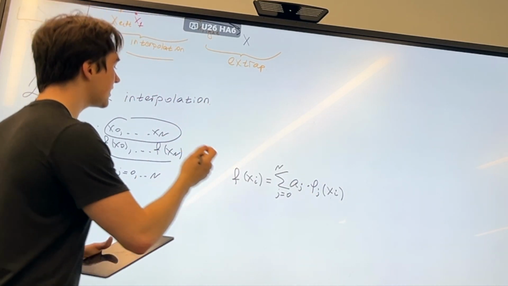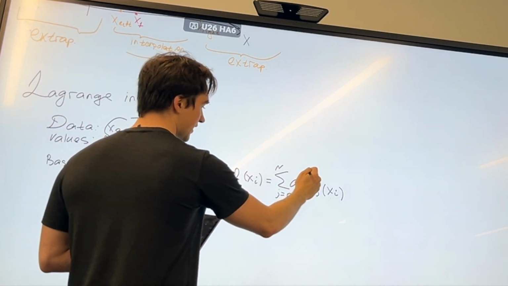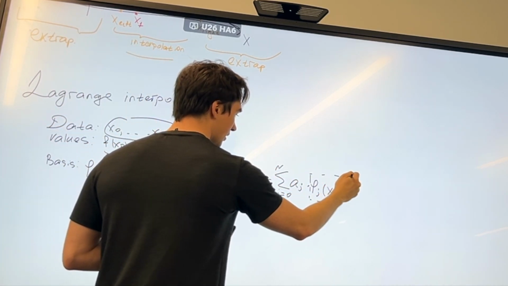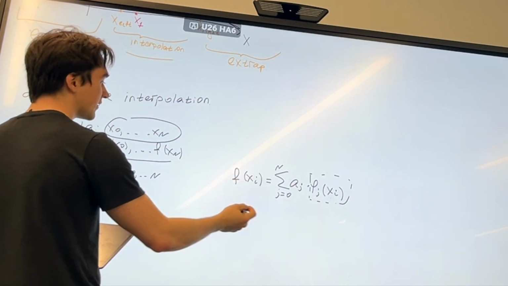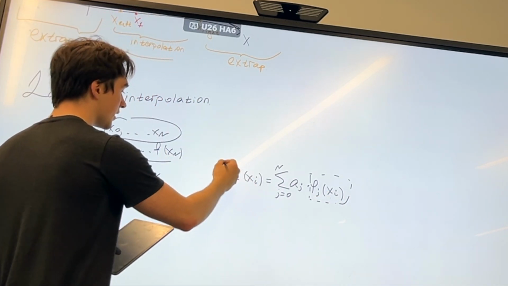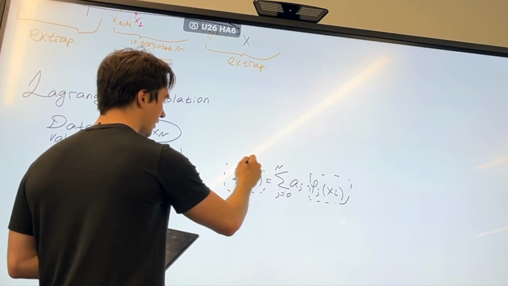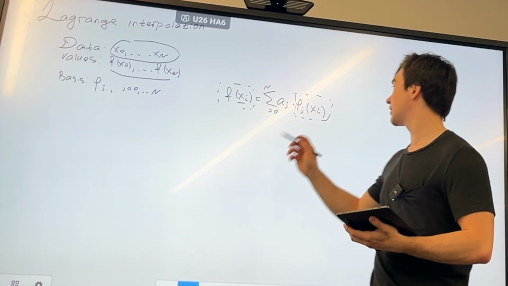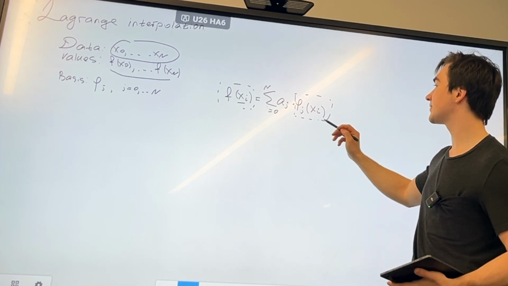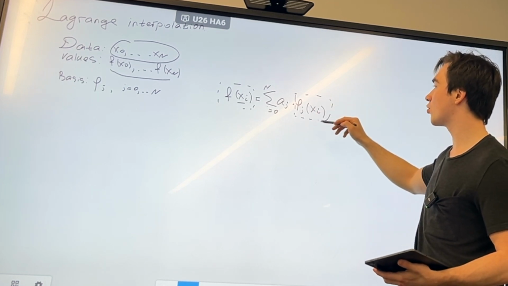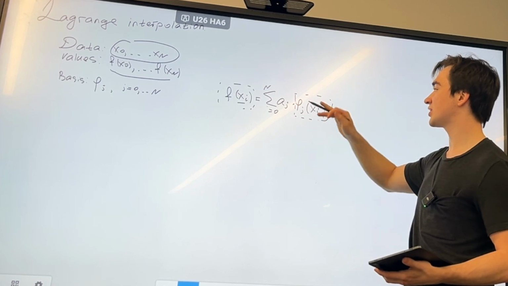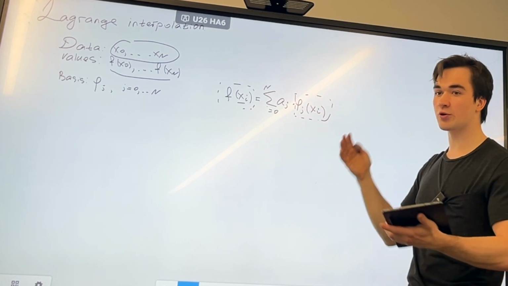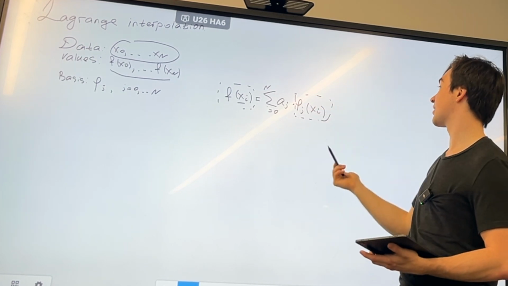So the idea is we are looking for such a basis that we can decompose our value f of xi in this basis with some coefficients aj. Now we want to find the best basis for our decomposition so that we can easily first find this decomposition and then use it.